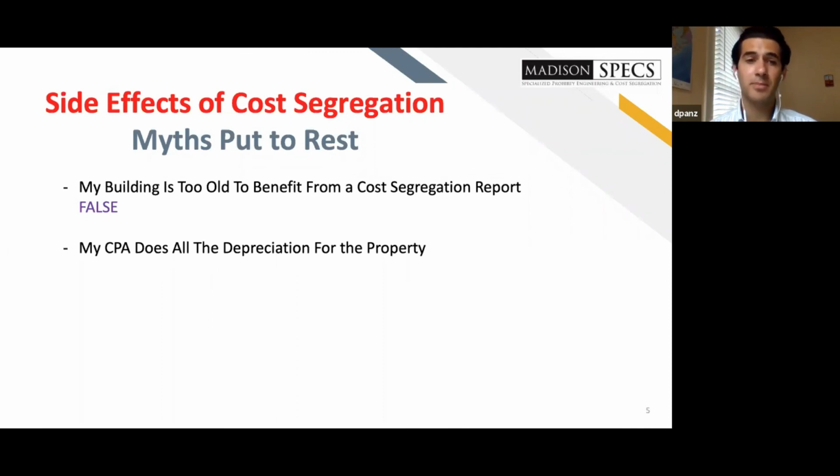A lot of people say my CPA does all the depreciation for me. It's true and false. So we work with the CPA. We're not a CPA firm, so we do a study, we pass it over to your CPA, they file it. If a CPA is doing cost segregation without hiring an engineer, they're essentially doing guesswork. So they're assuming what they think to be 5 or 15-year property.